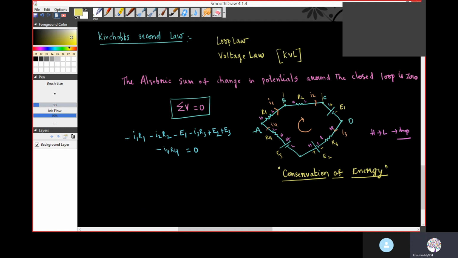That is Kirchhoff voltage law. Now I will explain one problem based on this.